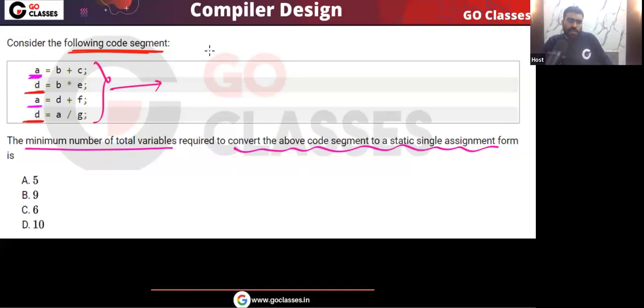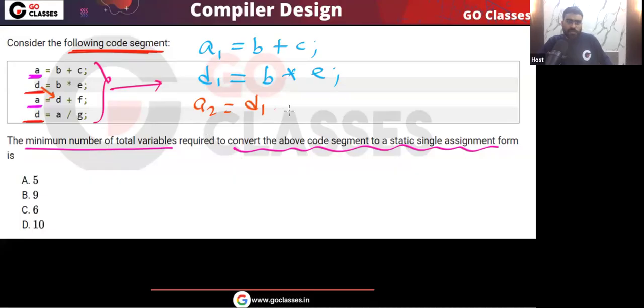You will get something like A1 equal to B plus C. Then D1 equal to B into E. Then A2 equal to D1 plus F, because D1 is what you are using here.